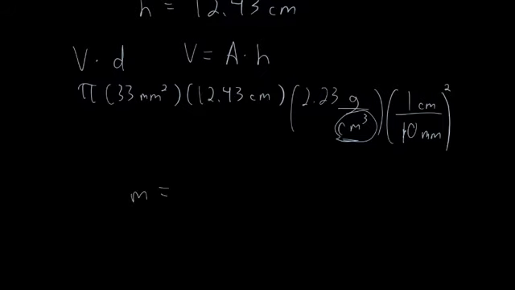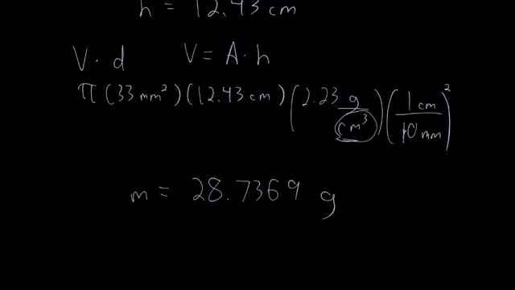So after getting my calculator, let me plug in the values. Pi times 33 times 12.43 times 2.23 divided by 10 to the second. We get a mass of 28.7369 grams.